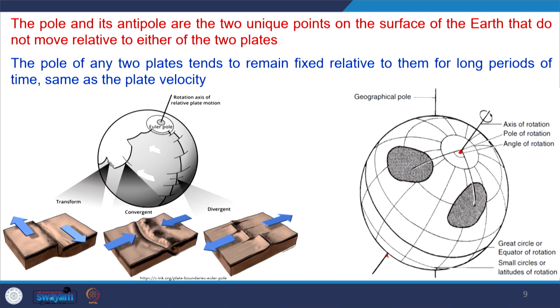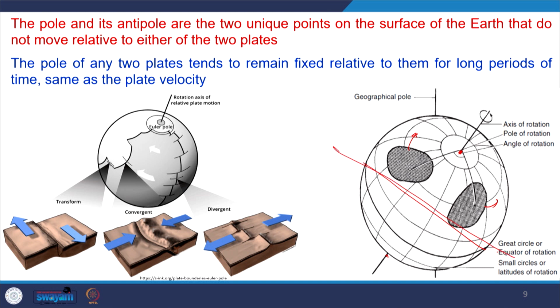That is why the plate velocity is constant. Here, for a longer geological time, this position remains constant. It may be possible that after a few million years the position of this pole changes. For example, suppose one plate is moving in this way, another is moving this way, and this is the Euler's pole. It may be possible that the Euler's pole position changes from here to here.